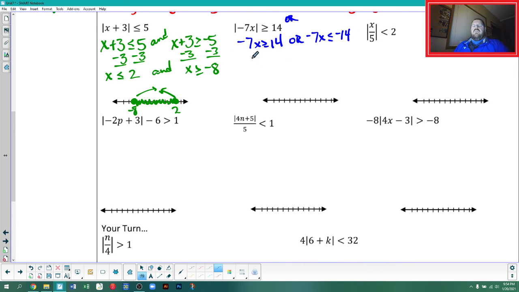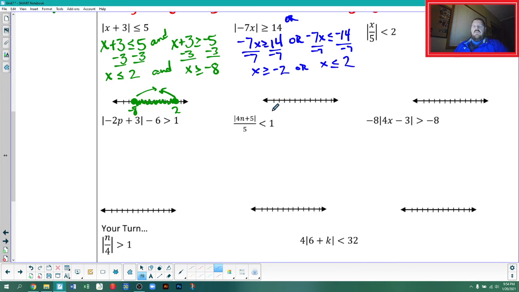Okay, I want to divide both sides by -7. Dividing by -7 on both sides, x will be greater than or equal to 14 divided by -7 is -2, or x is going to be less than or equal to +2.